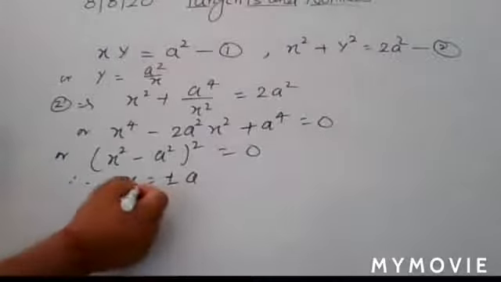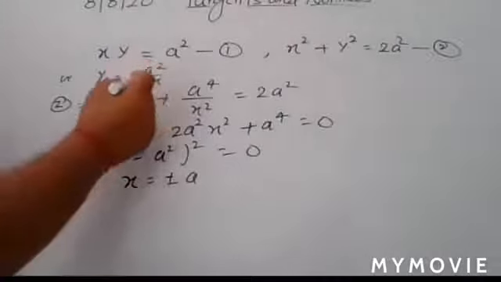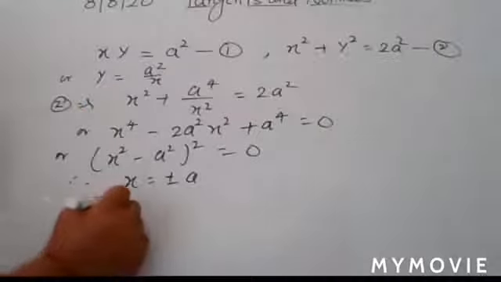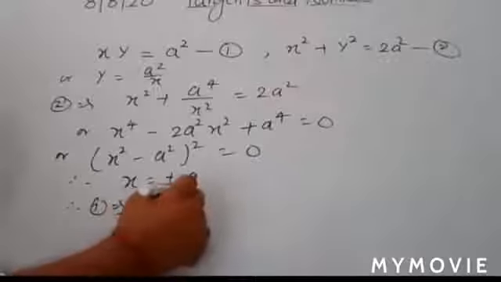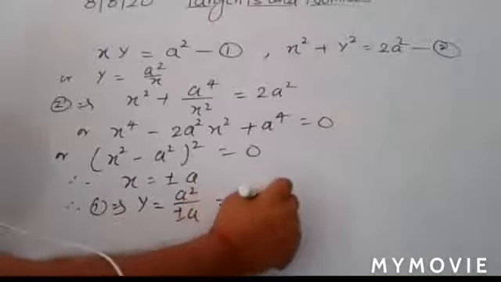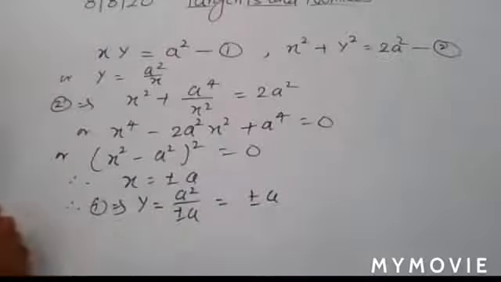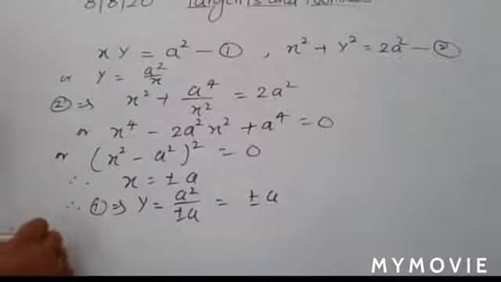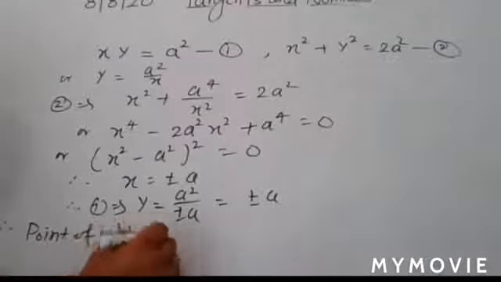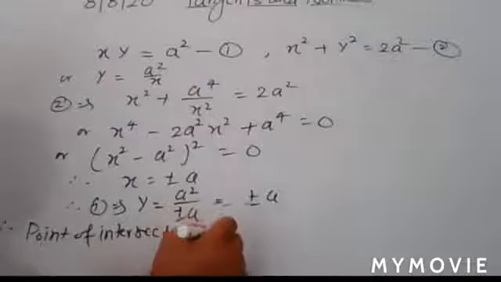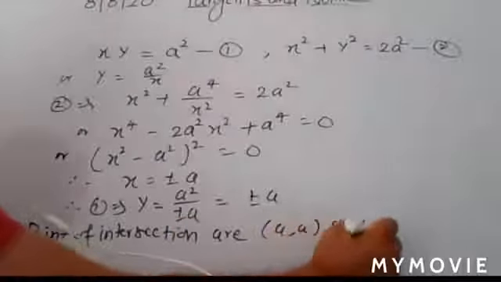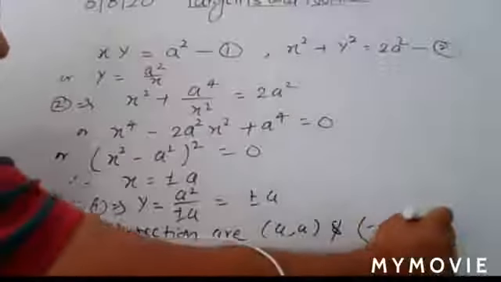Now putting that value of x in the first equation, y is equal to a square upon plus minus a, so that is also equal to plus minus a. So the points of intersection are (a, a) and (minus a, minus a).